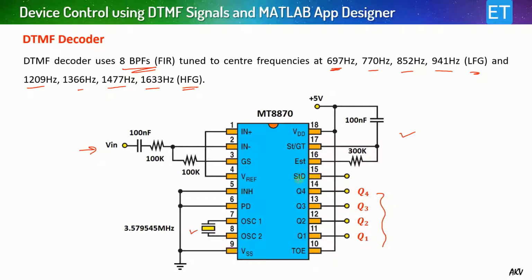And this pin STD actually represents the delayed steering output. Whenever a key is pressed and it receives a DTMF signal and it is recognized, it momentarily flashes. This is simply the indication that something is happening, and the whole circuit works on +5 volts.